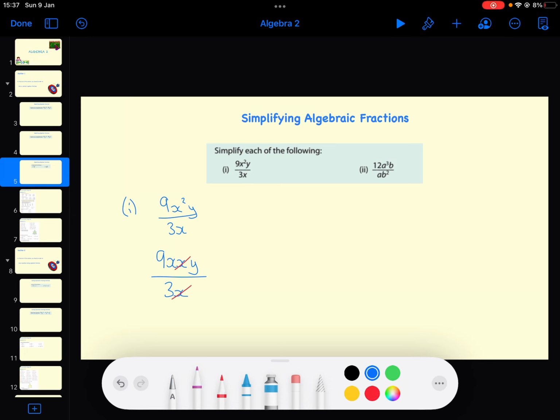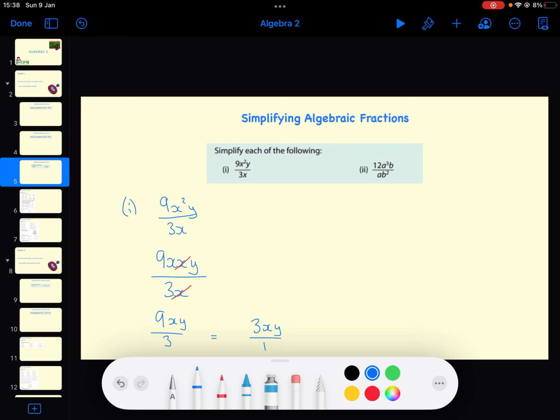Now I'm going to write down what I have left. So I have 9xy over 3. I can divide the numbers: 9 divided by 3 is 3, so I get 3xy, and 3 divided by 3 is 1.